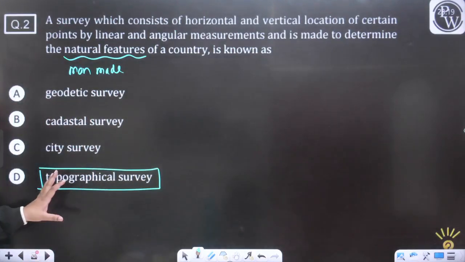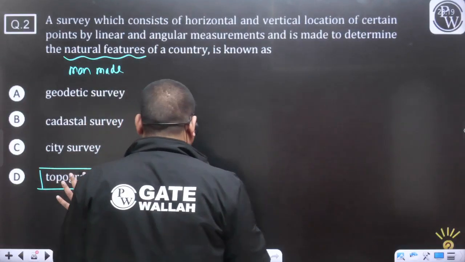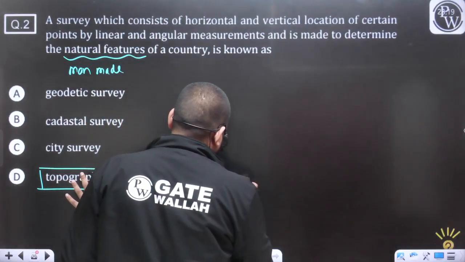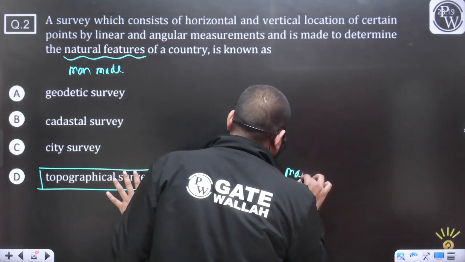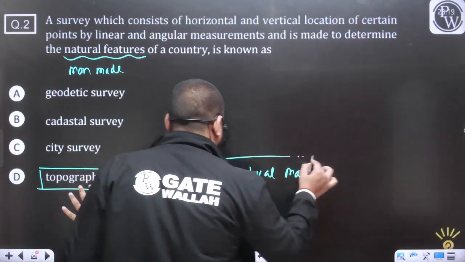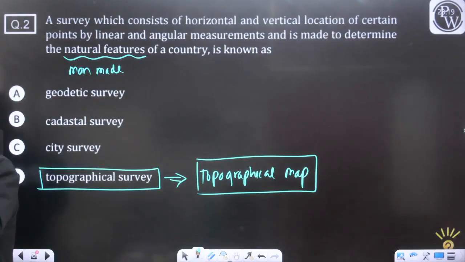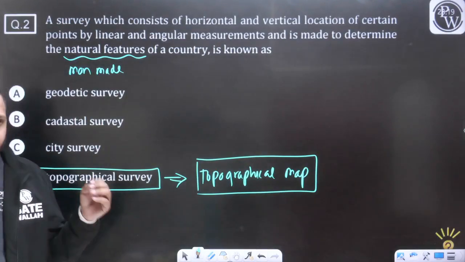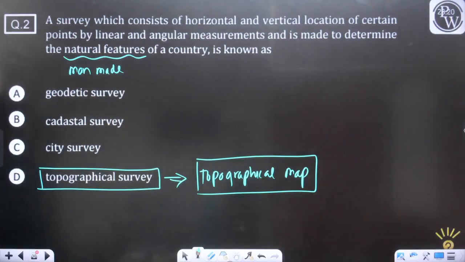The data we collect with the help of the topographical survey, when we plot this data, we will get the topographical map. So we can prepare the topographical map, and it will define the position of the man-made and natural features. Clear?